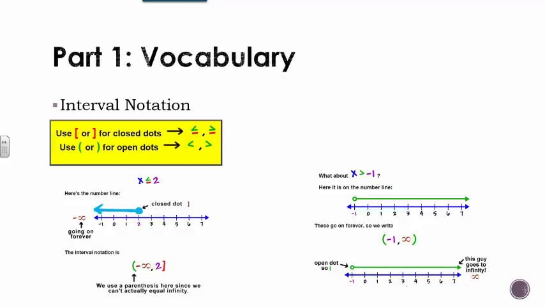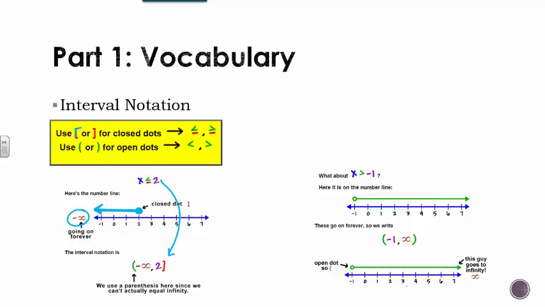Every single number over here until forever, until the smallest number you can think of and then some, so to -infinity. So the interval notation of this means exactly the same thing, would say that we are going from -infinity up until 2. Now, just like we had open dots and closed dots, we're going to use parentheses and brackets for interval notation.